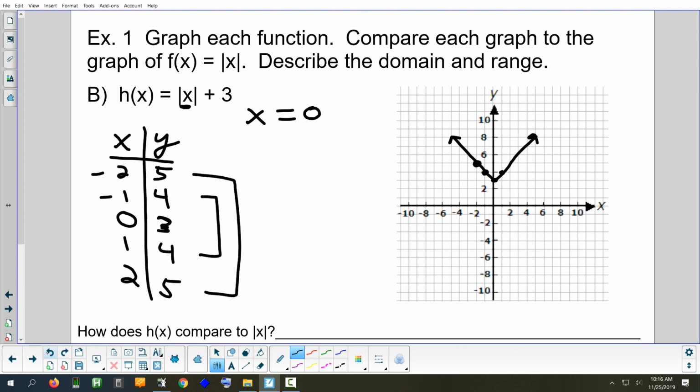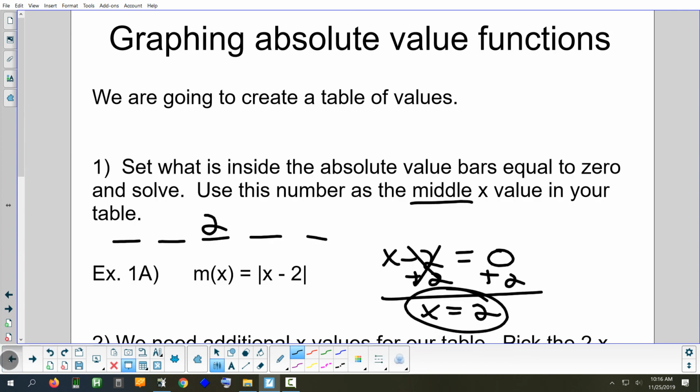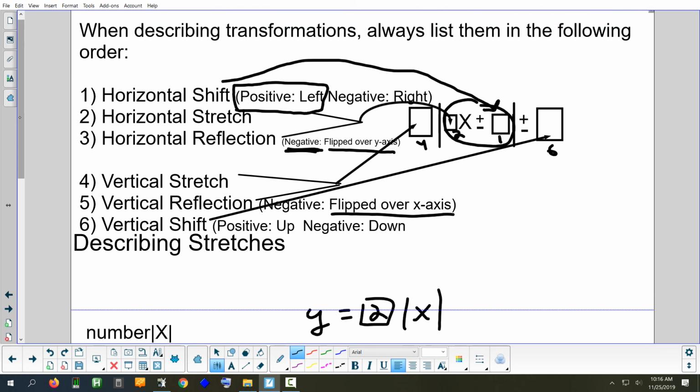Now, let's say you didn't know that. You looked at the graph and you're not sure. Plus 3. Is that plus 3 inside the bars or outside? Outside. Okay, let's take a look at this. It's at the end of the bars. It's in box 6. Look at what box 6 does.